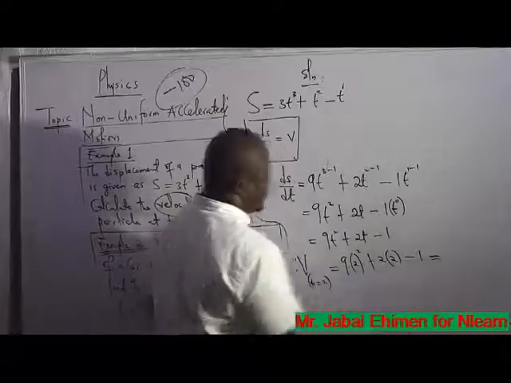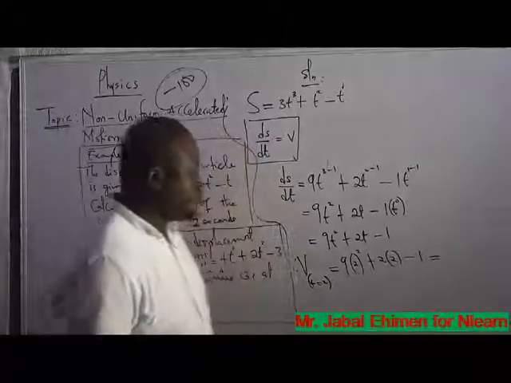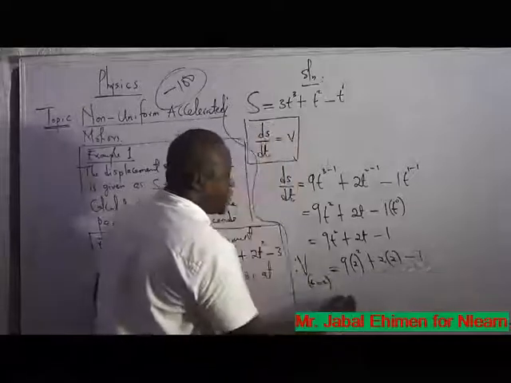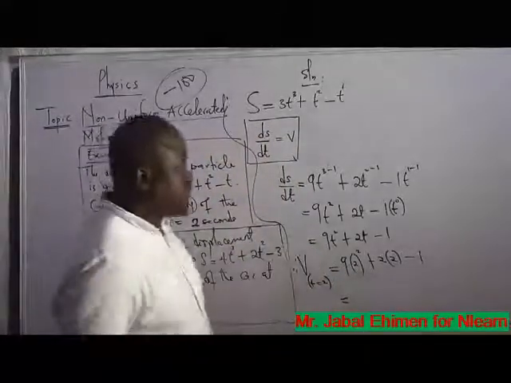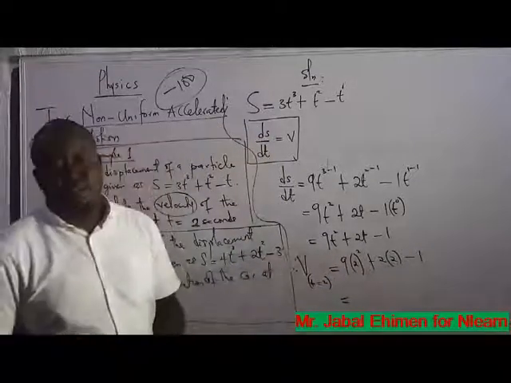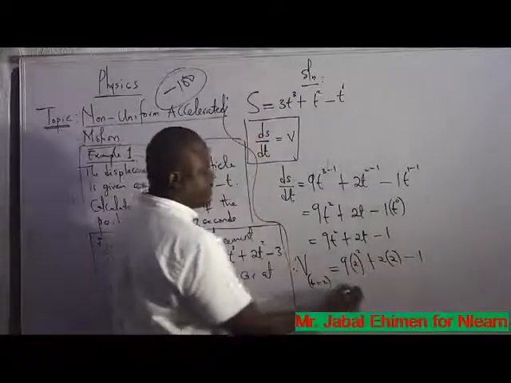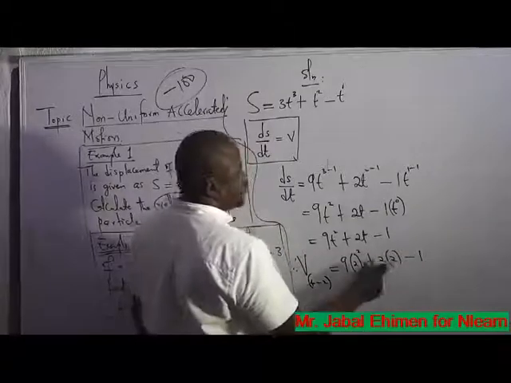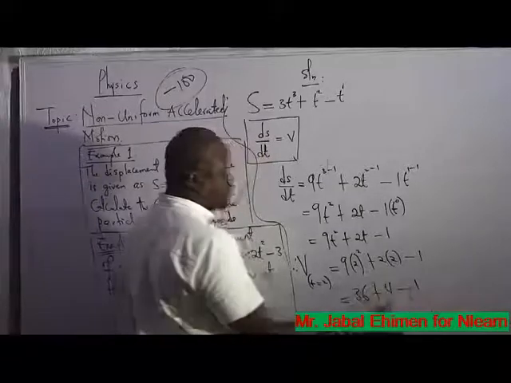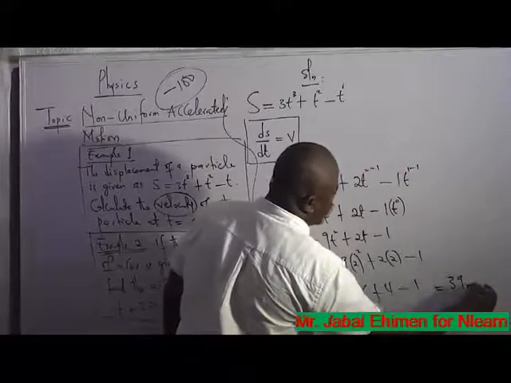So let me treat you like adults now. 2 squared is 4. 4 times 9 will give me 36. Then 2 times 2, that will be 4, minus 1. 36 plus 4, that surely will be 40. 40 minus 1, that will be 39 meters per second.